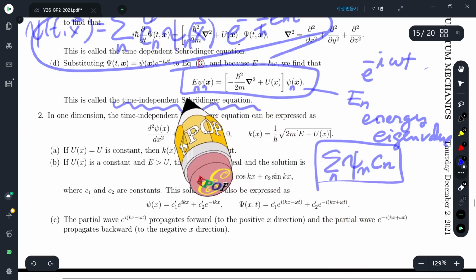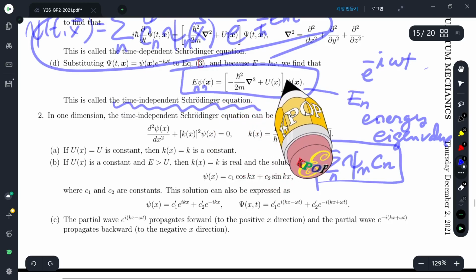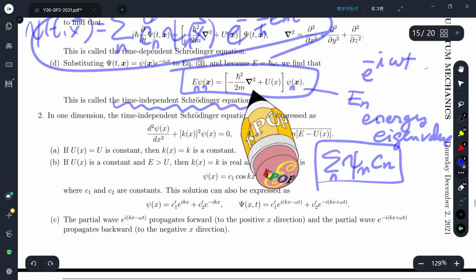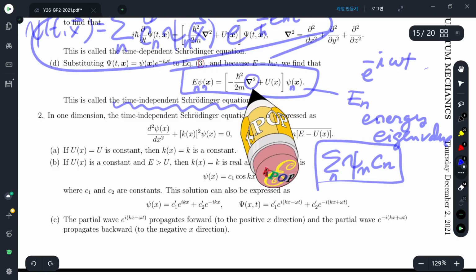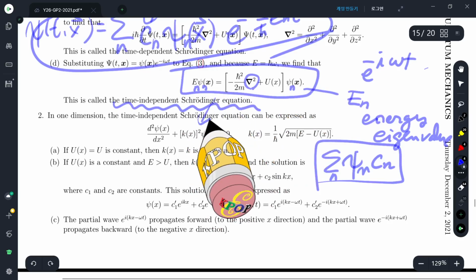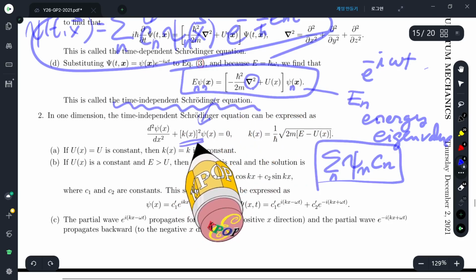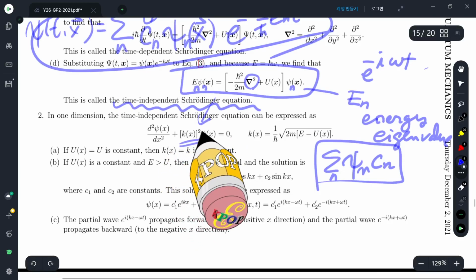This time-independent Schrödinger equation, for example in one dimension, has a second-order x derivative, and we can reorganize this expression into this kind of form. It is something like a simple harmonic oscillator, except that the coefficient is a function of x.